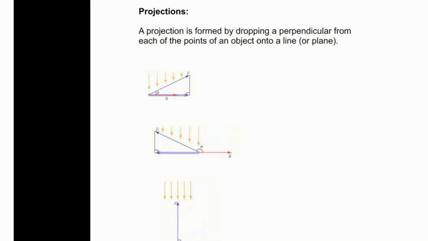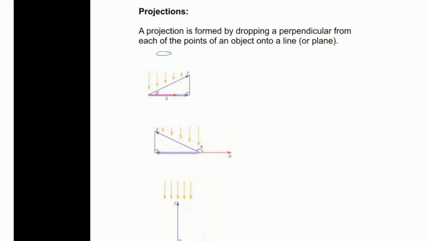So we can think of a projection, like I said, as a shadow. If you think of a light source up here, and these are light rays coming down, then we can think about a projection as being this reflection, and the vertical arrows in the diagram represent light from above.